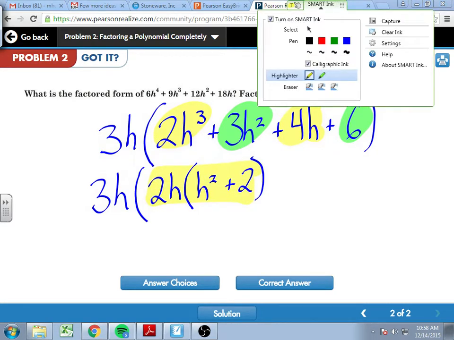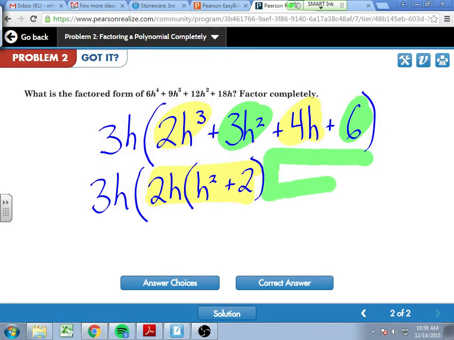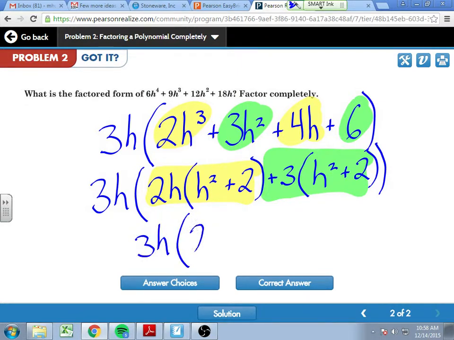So then my green, what's my common factor with the green values? Just 3. And that becomes h squared plus 2. So then I just reorder, grouping my values in front of the shared binomial together in a binomial. 3h quantity, 2h plus 3, quantity h squared plus 2.